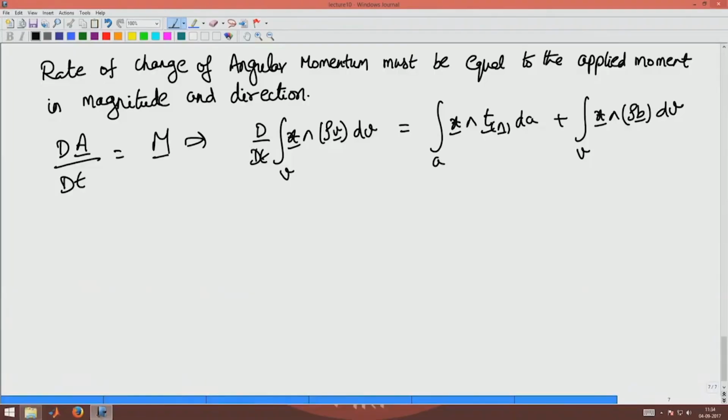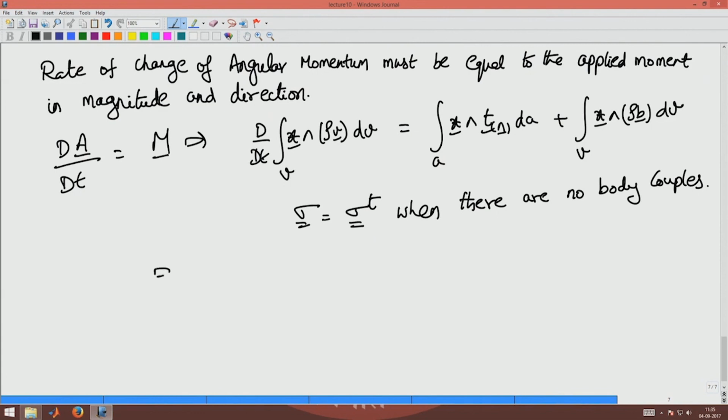Under this condition you will find that sigma must be equal to sigma transpose when there are no body couples. Basically, the stress tensor is a symmetric tensor.